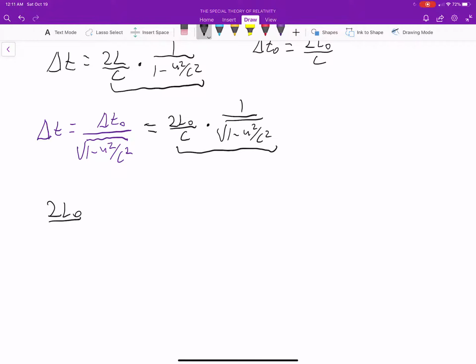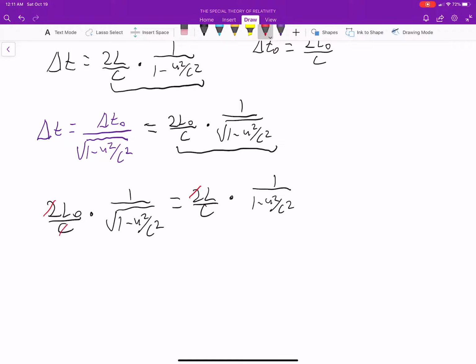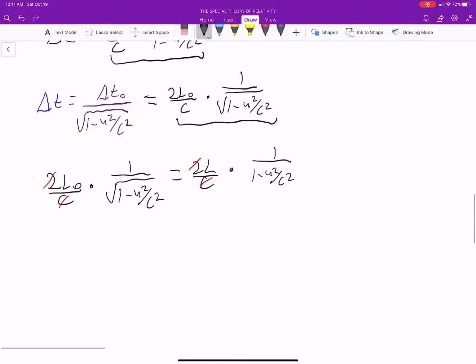So 2L naught over C times 1 over the square root of 1 minus U squared over C squared equals 2L over C times 1 over 1 minus U squared over C squared. The 2's drop, the C's drop, and let's solve for L.